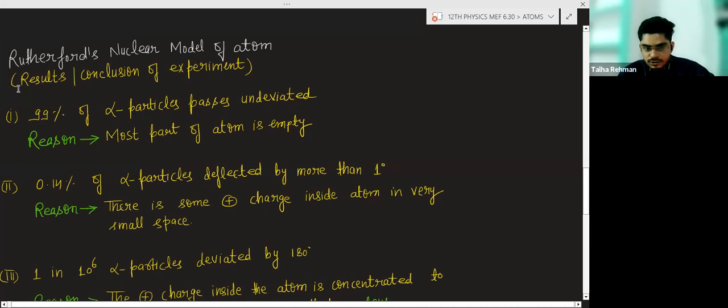I have written this is the observation. They observed this through the experiment, and here is the reason why this happened.